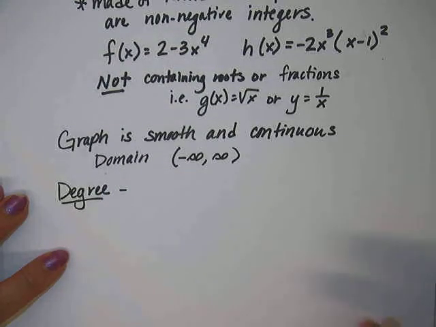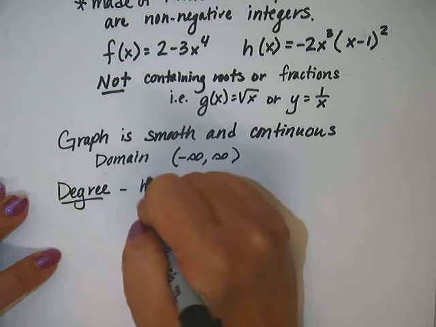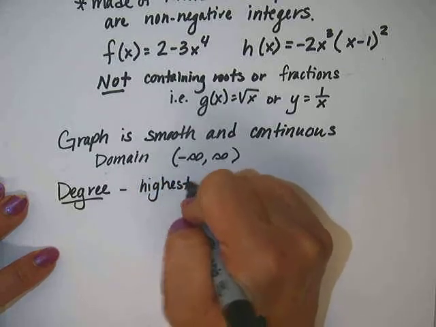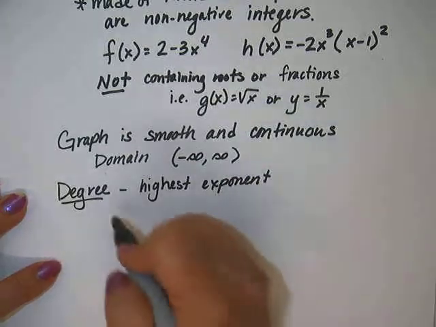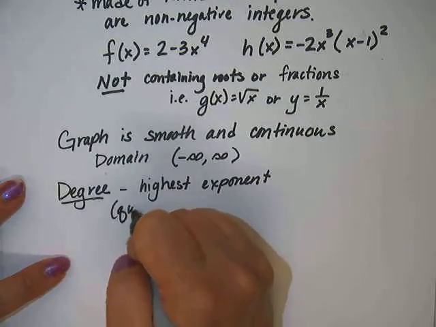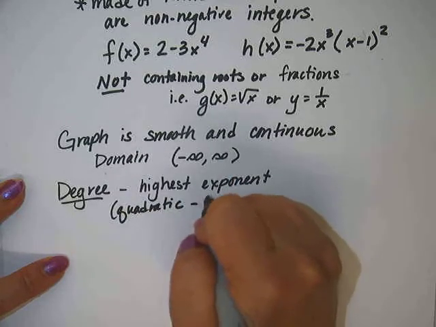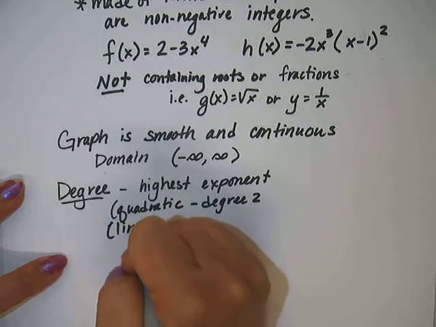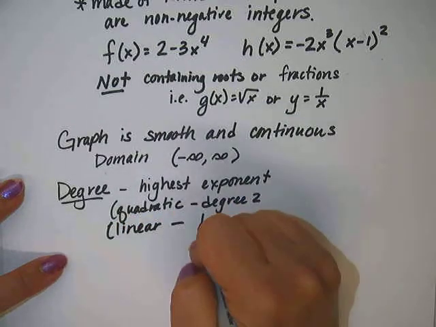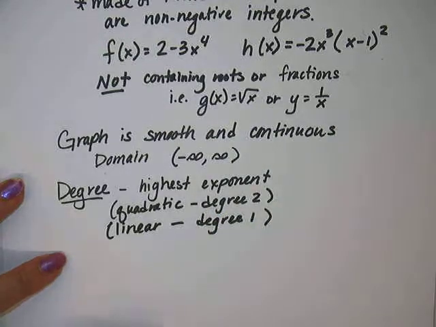Okay, the degree of a polynomial is a name we give to different functions. We'll say this polynomial function is degree 4 or degree 5 or degree 3. The degree of a polynomial is given by the highest exponent. So because of that, quadratics can be called degree 2 polynomials, and linears can be called degree 1.